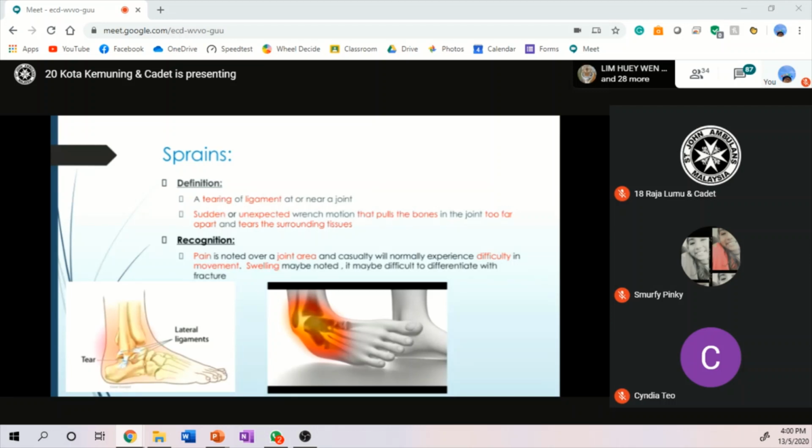The casualty will normally experience difficulty in movement. Like when he moves, it will be very painful and very hard to move the leg, because the joint there is already injured. And of course, like the strain, swelling maybe will be there, like bengkak.